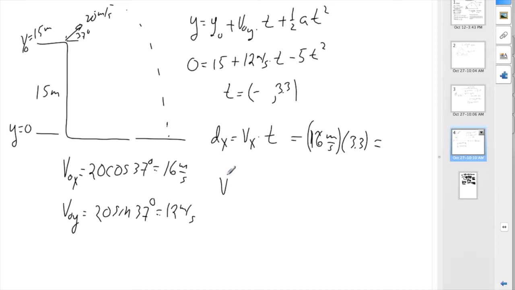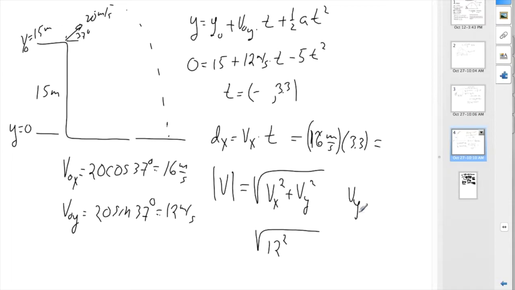We could talk about a final velocity magnitude, which is going to be the square root of Vx squared plus Vy squared. We know Vx to be 16, quantity squared, and then Vy is going to be 12 plus minus 10 times 3.3.